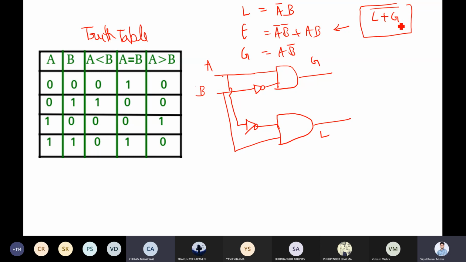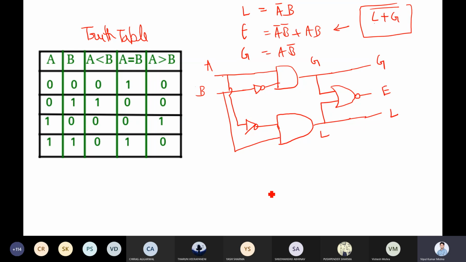NOR gate, sir. Right. So this is your one output, this is your another output, and we will club them together, and here we will utilize a NOR gate. So now we got greater than, equal to, and less than as outputs.